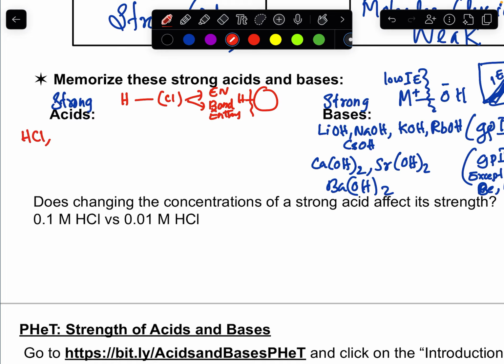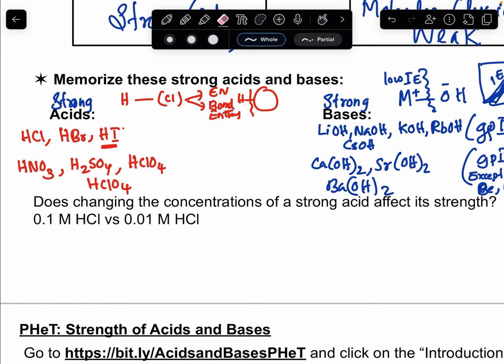Because of that, the 17th group except fluorine, HCl, HBr, HI, are strong acids. HI is the strongest acid. Then polyatomic acids with higher oxidation state, like HNO3, H2SO4. You have to study only these, but there are more if you want to. All these are strong acids.